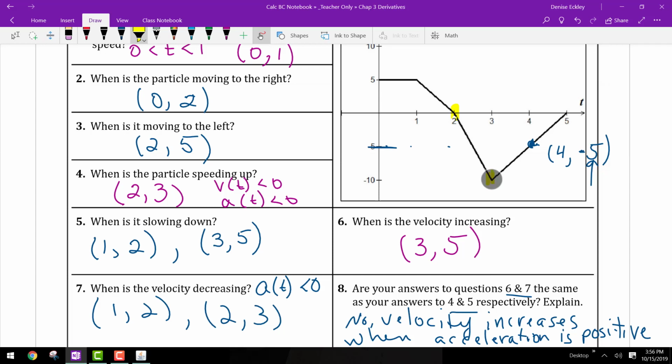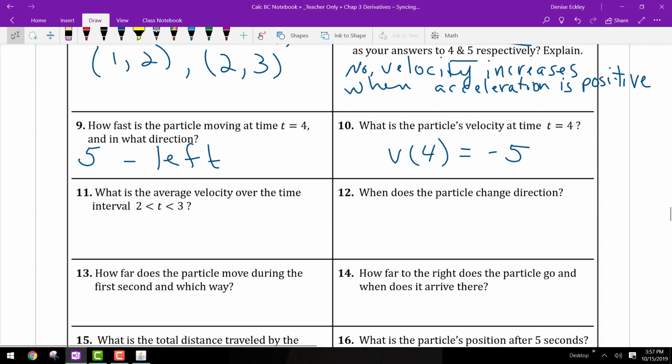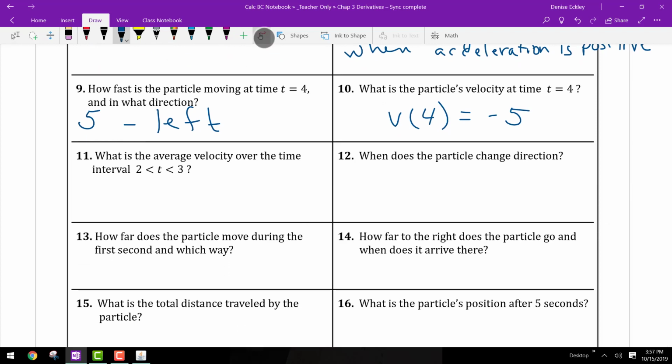I'm sorry, -10. So we are going to average those together. So we're going to get (0 - 10)/2, and we're going to get -5. And then when does the particle change direction? You can see it does that in 2 spots.